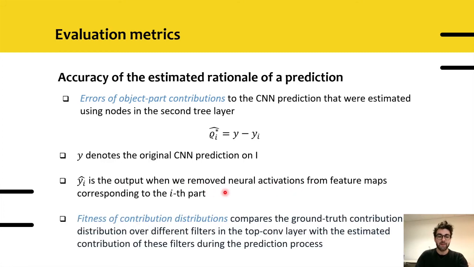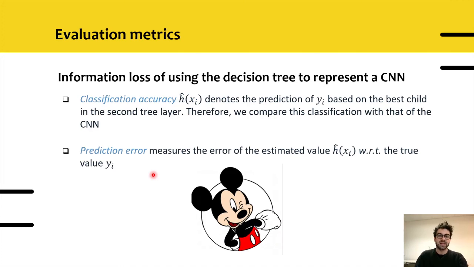part. Then another measure for this kind of objective is the fitness of contribution distributions. This compares the ground truth contribution distribution over different filters in the top layer with the estimated contribution of these filters during the prediction process. Then, another important thing is the information loss of using the decision tree to represent a CNN.